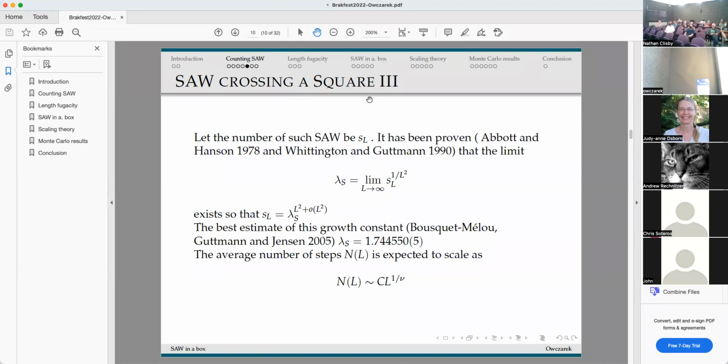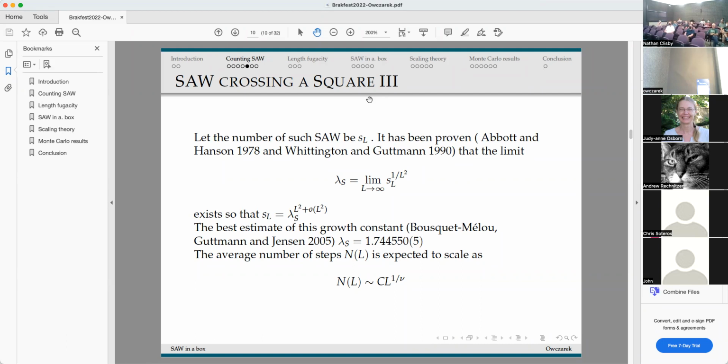That value, lambda S, has been estimated. It's smaller than mu, about 1.7. And this comes back to a scaling argument. You would expect that the average number of steps goes as L to the 1 on mu.